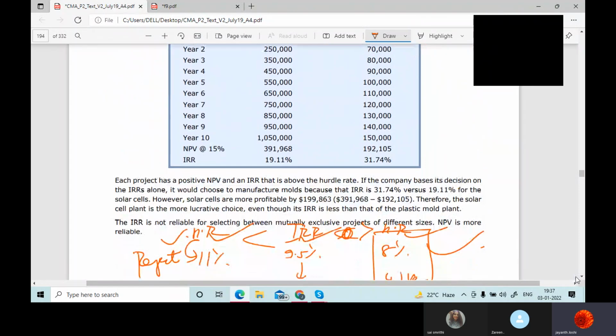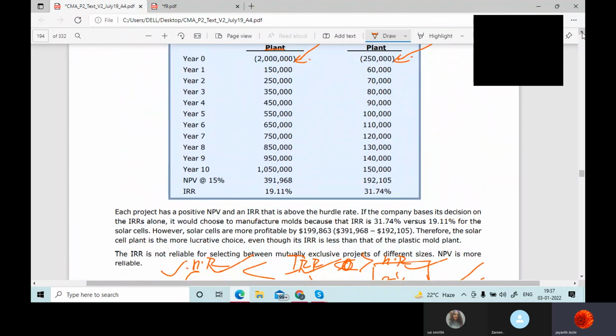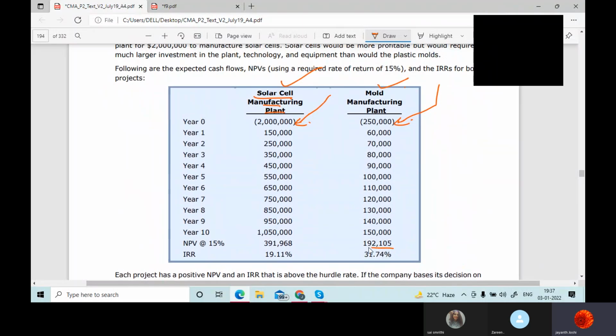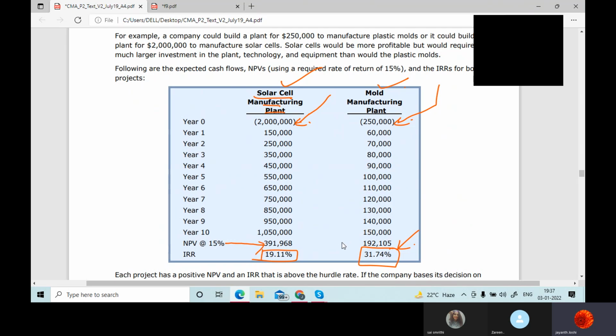Maybe when the IRR of these two projects was calculated, this one gives a higher IRR. That means the return here is 31.74 and here the IRR is 19.11. But when we look at the projects' NPV, here the NPV is 3,91,968 and here the NPV is 1,92,105.